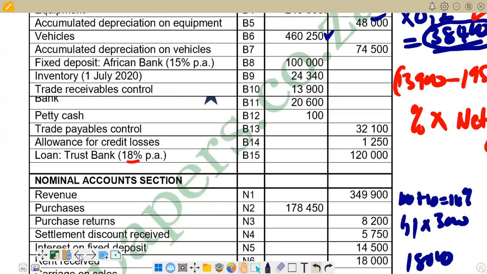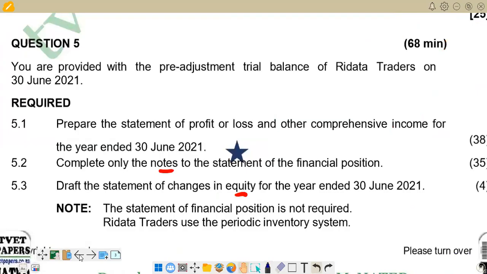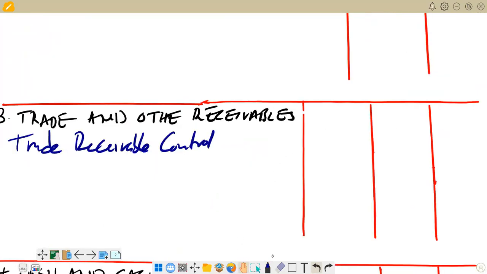Then we put the net there. So here in brackets, we have 13,900 minus 1,950. Then we get the net one, which is 11,950, which we are going to put here.